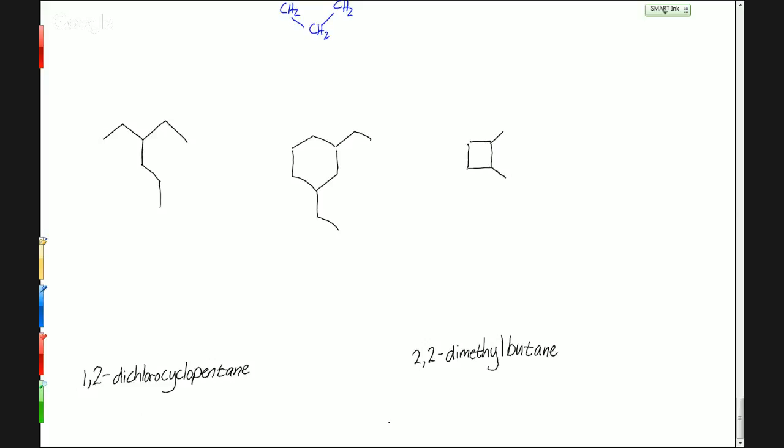All right, who's got a name for this first one? 3-propylpentane.